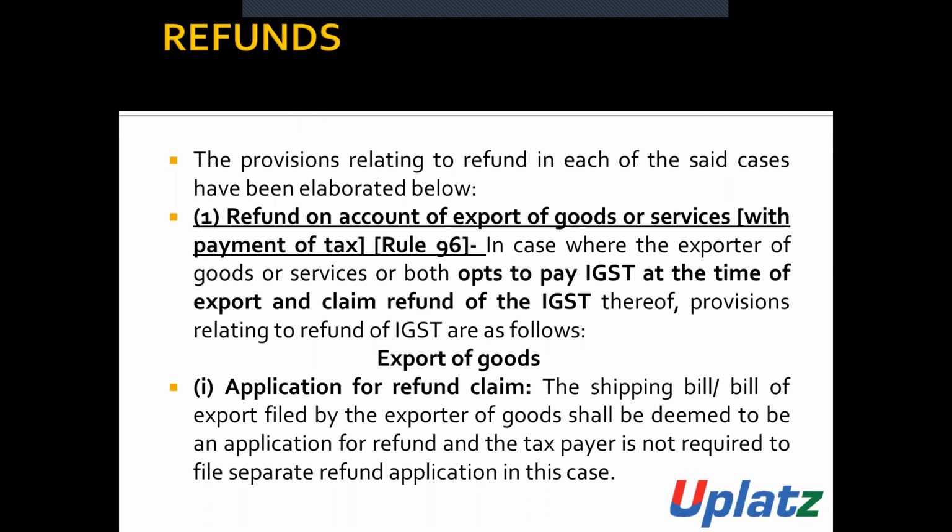Then in this case, what will be the treatment and what will be the procedure of refund? Refund on account of export of goods, export of services, or both, with payment of tax. Rule 96.